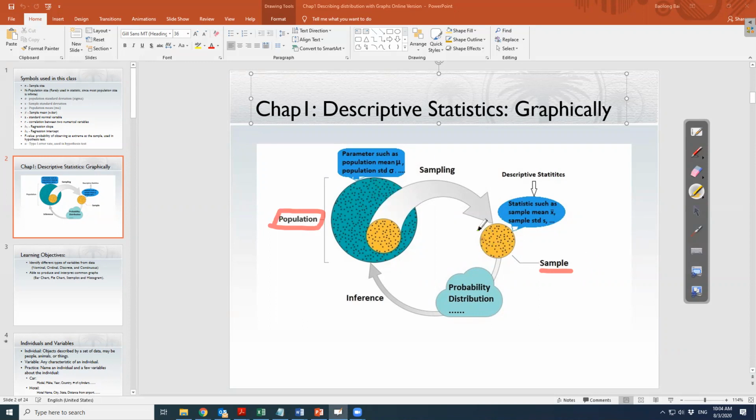But the thing is, the sample is only a small portion of the population. Then how are you supposed to take the individuals out so that your sample is a good representative of the population, right? That's related to a term called the sampling process. The sampling process is about how we take individuals out from the population.